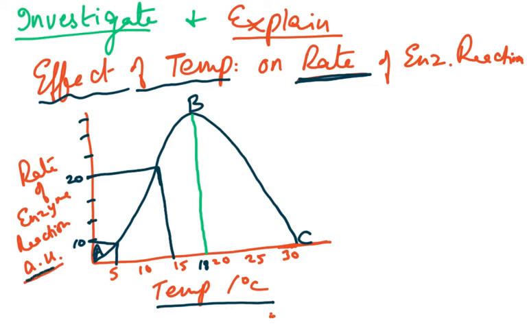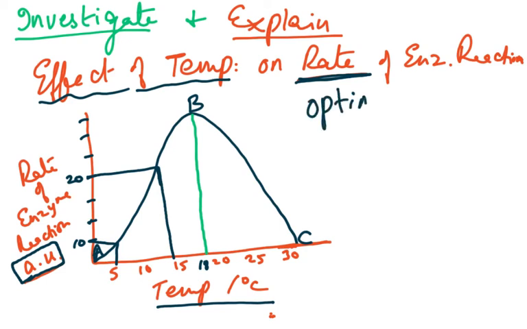Arbitrary units means just some figures that I have given, like maybe product per unit time is 10 or 15 or 5 or 20. So arbitrary units means there's no proper unit to it, but just something which you have assigned a figure to. So effect of temperature on the rate of enzyme reactions, you see every enzyme has an optimum.